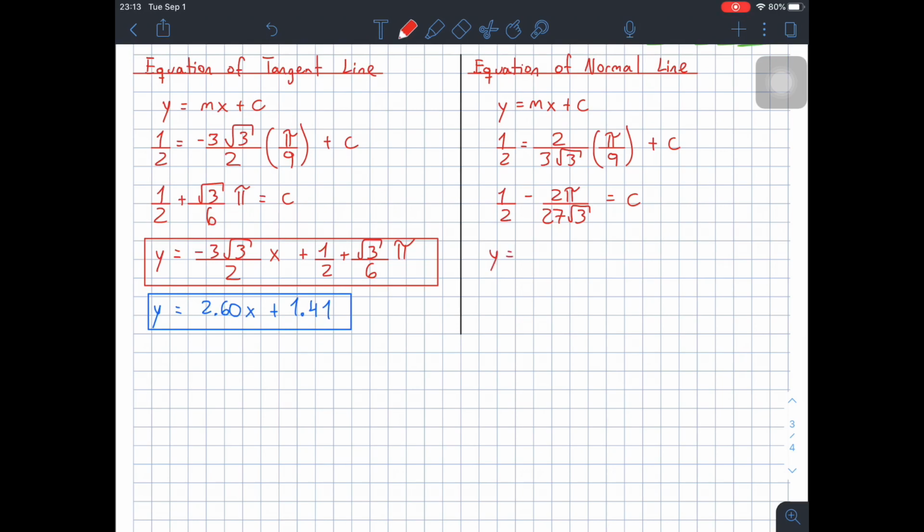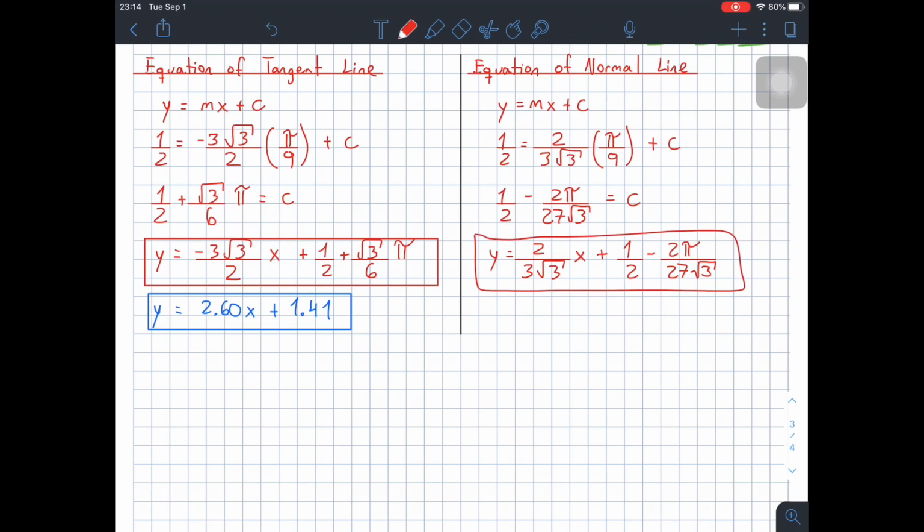So it's y equals 2 over 3 root 3 x plus 1/2 minus 2 pi over 27 root 3. All of this would be the equation of the normal line.